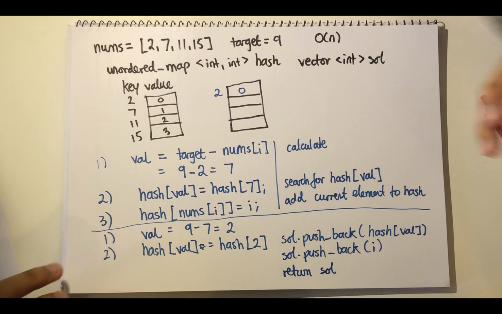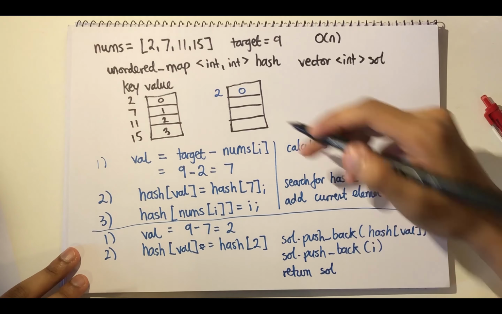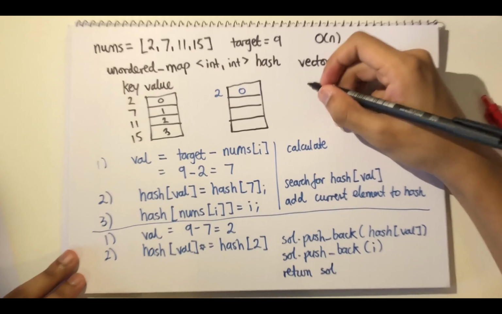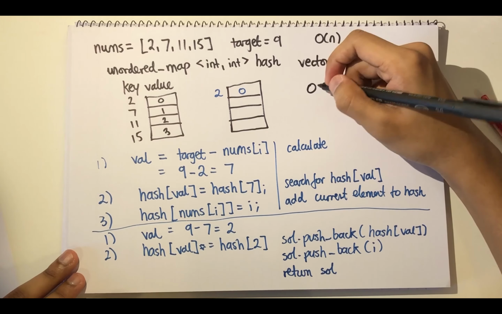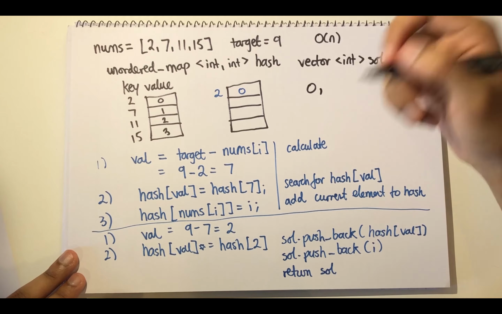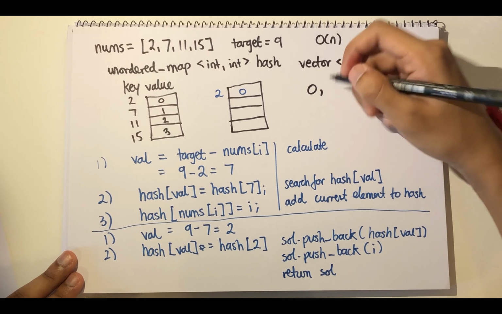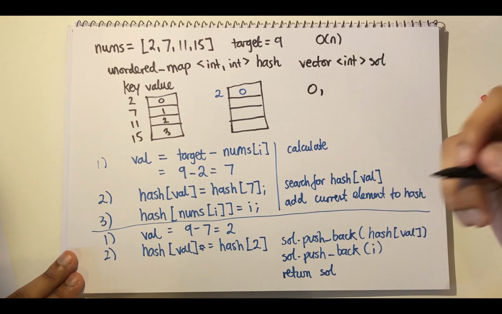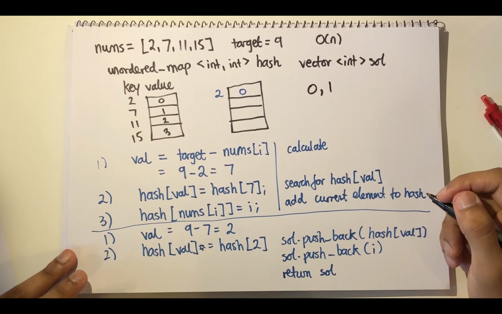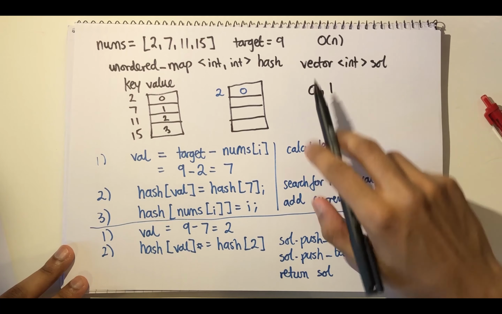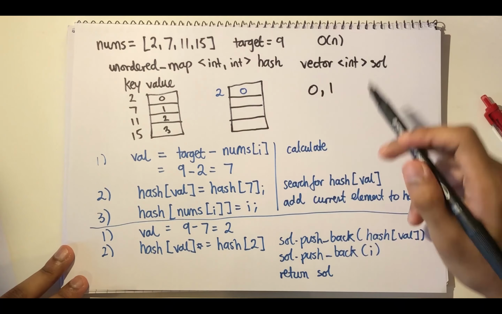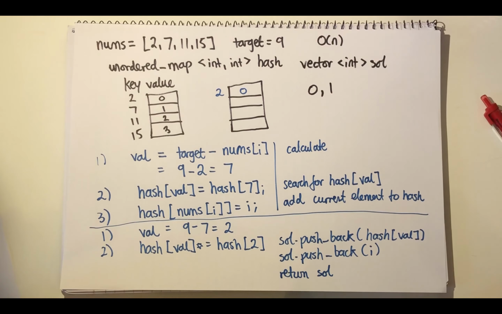So in this case, hash of val, which is hash of 2, is 0. So that's the first element in our vector. And then we push back the current element, which is 7, but the index of it, so it's 1. And that's our answer, because the 0th index 2 plus the first index 7 adds up to the target, which is 9.